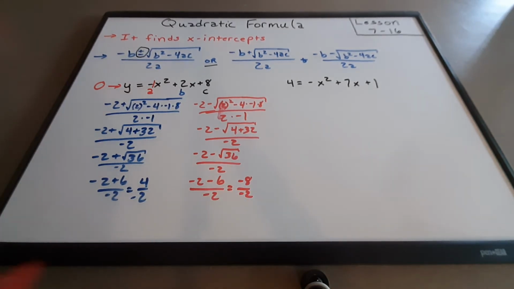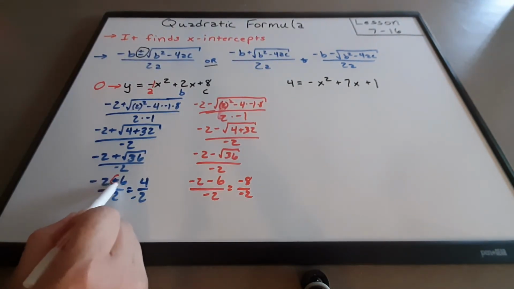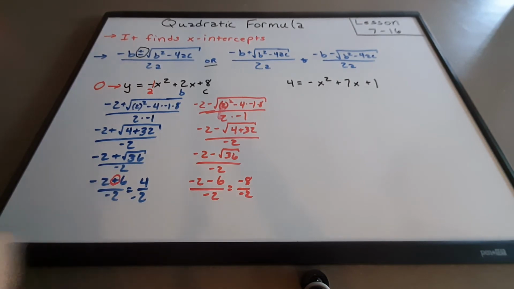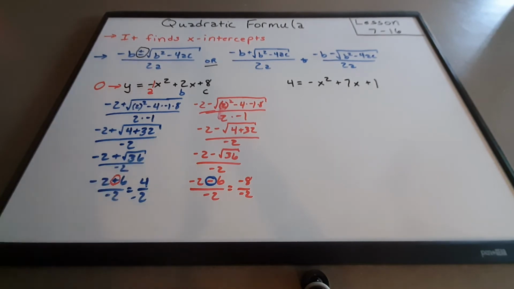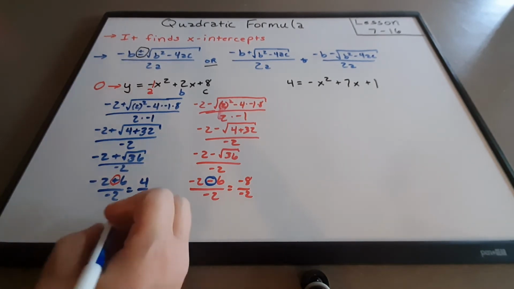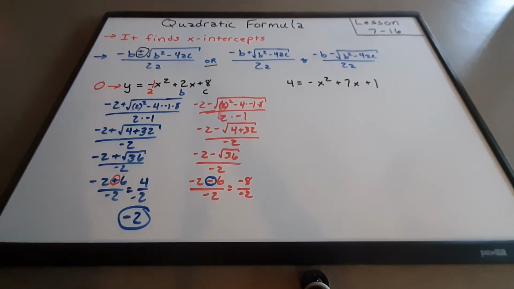Now we just divide. Notice that this was the only place that the change happened. Here we added, here we subtracted. So 4 divided by negative 2 gives us one possible x-intercept of negative 2.